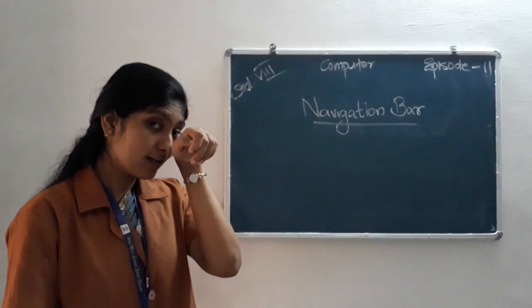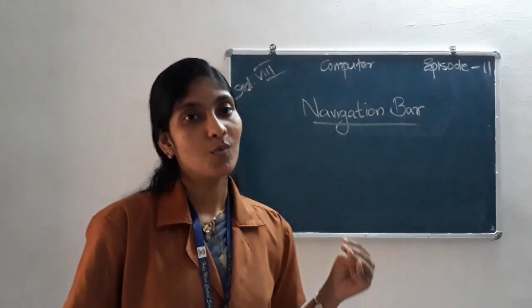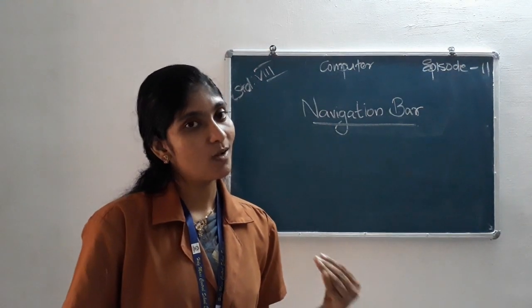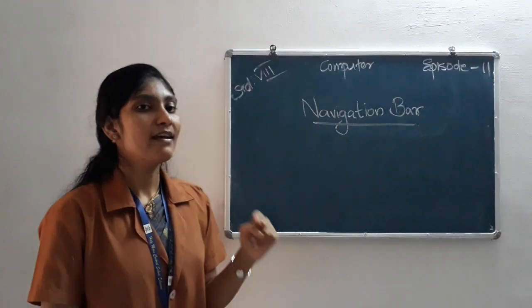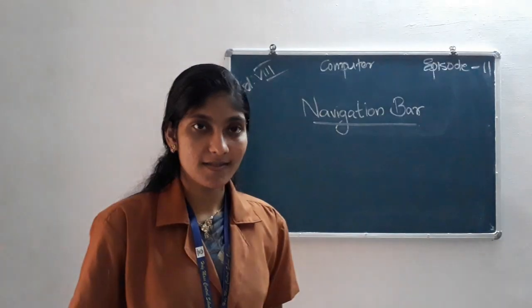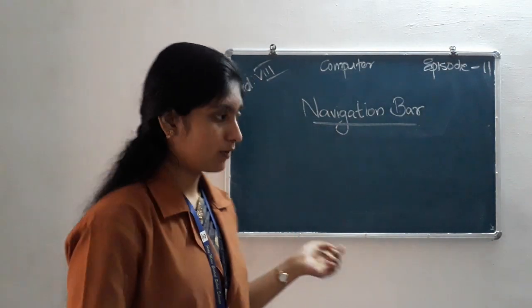So there is a form, and a long rectangular bar present below the form. That bar is known as what? Navigation bar. If you want to go to the previous record, you can click the previous arrow.